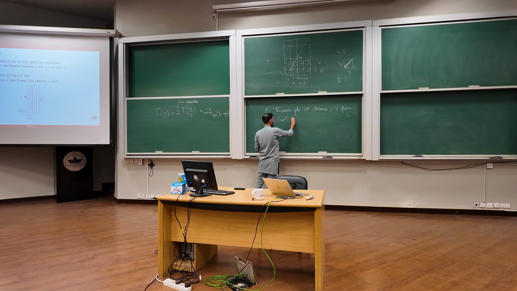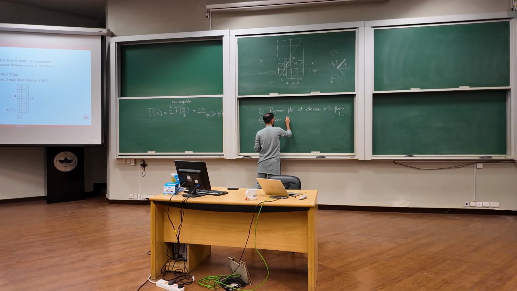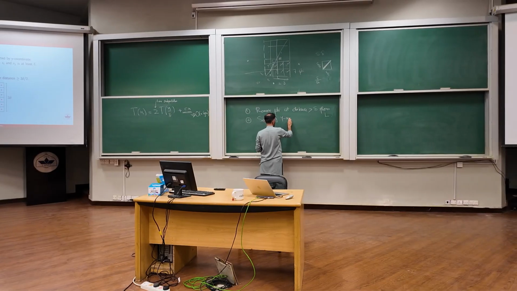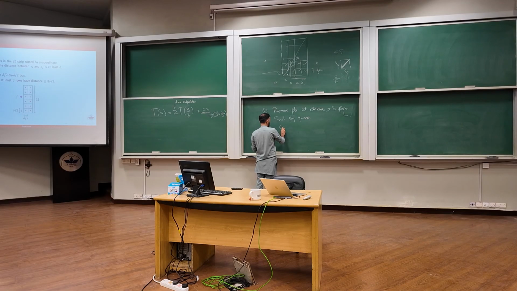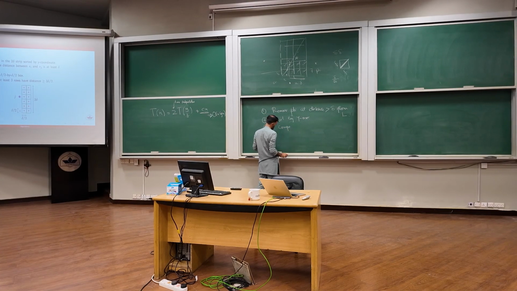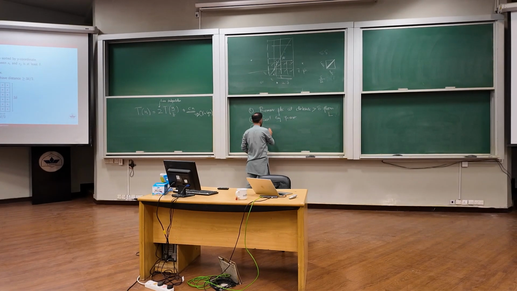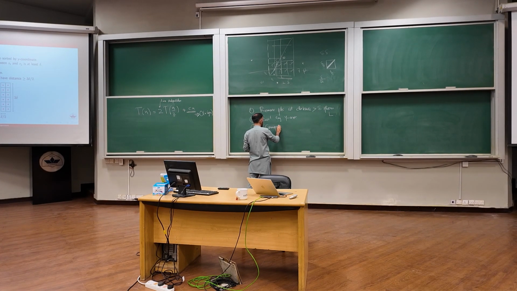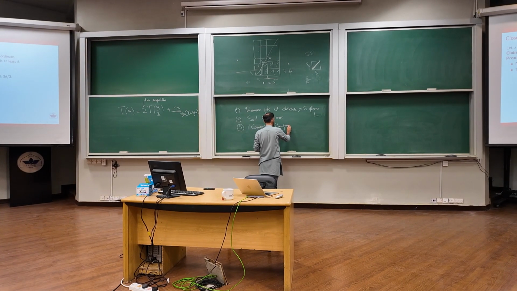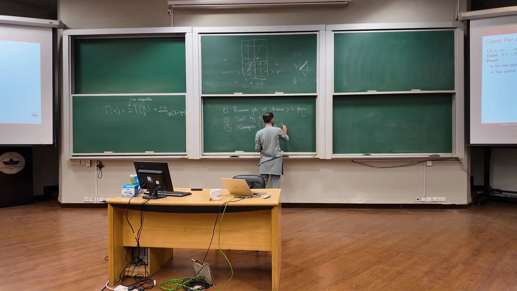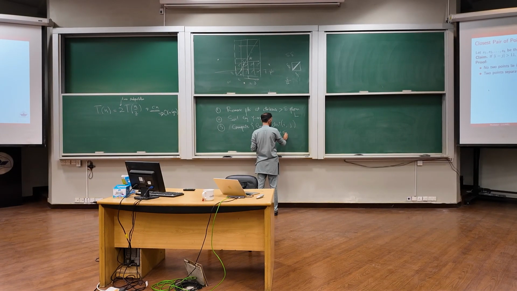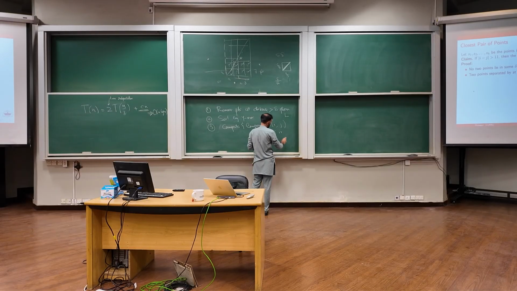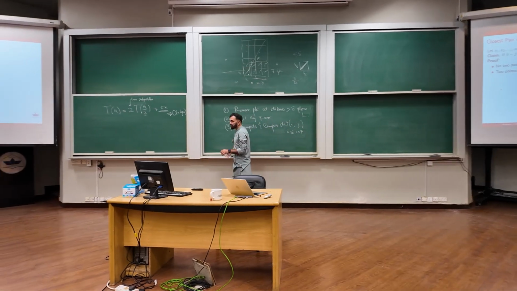Second thing, you sort them by y-axis. And third thing, compute and compare the distance between i and j, where j is less than or equal to i plus 7. These are the 3 things we do.